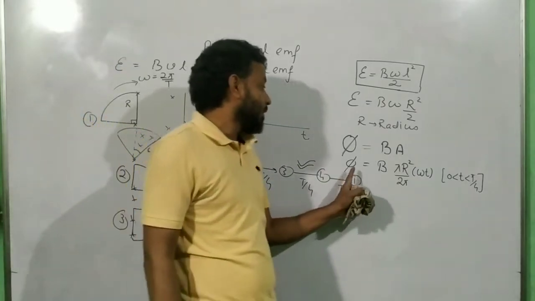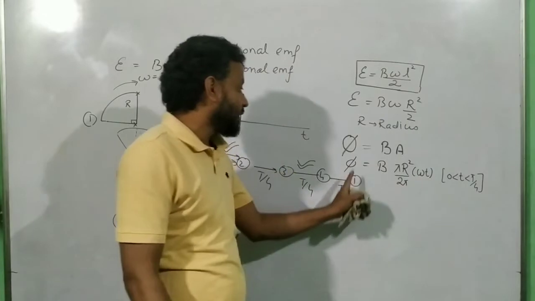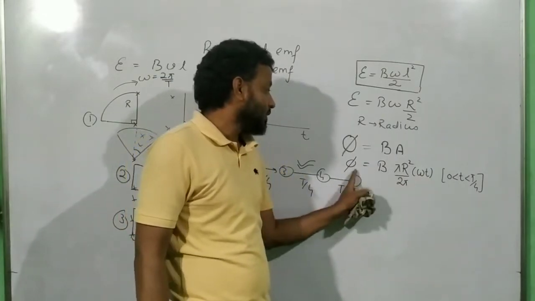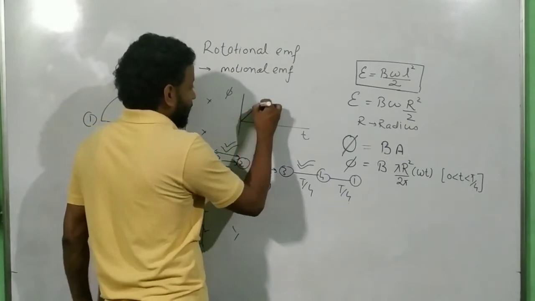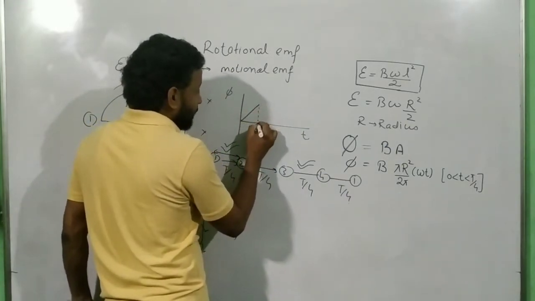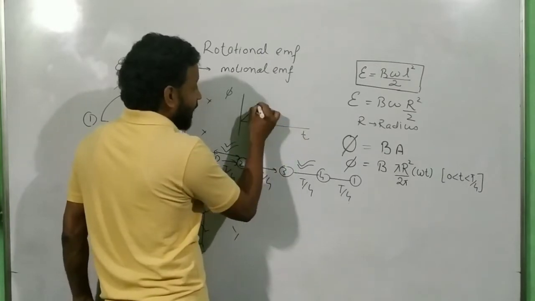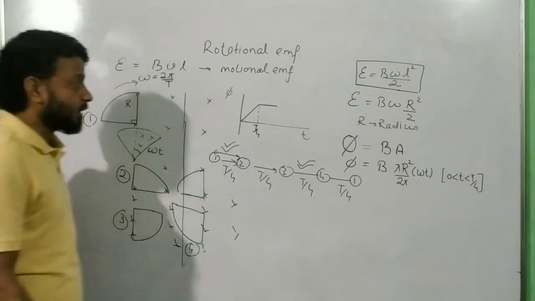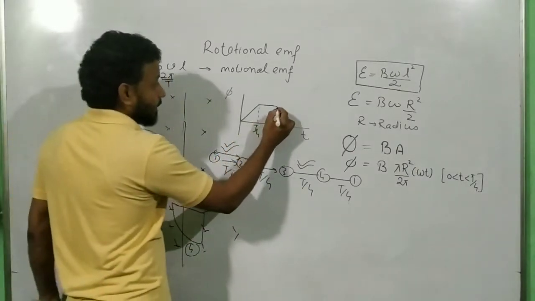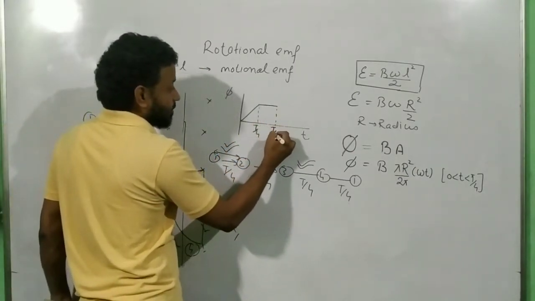Remember at the same time, phi is proportional to t, which means it's a straight line, y equals mx plus c. So it will be a straight line up to T by 4. After that, the flux becomes constant till T by 2.